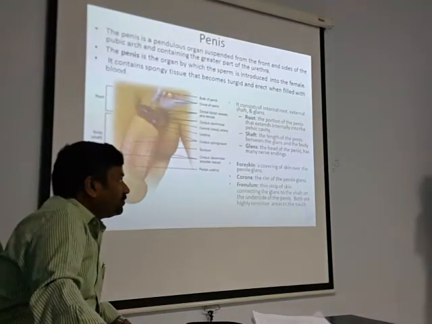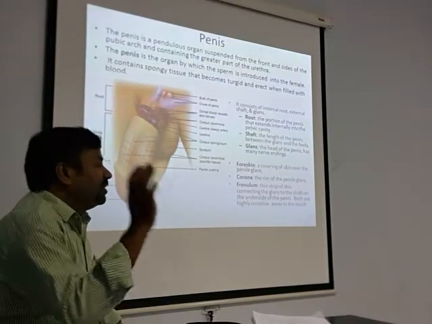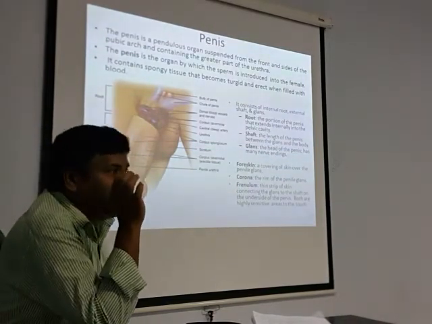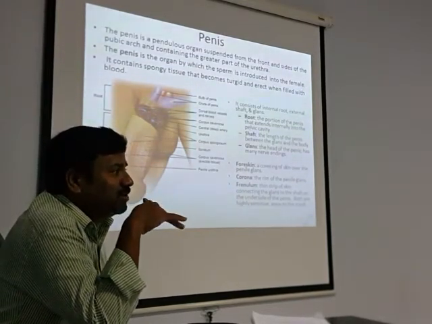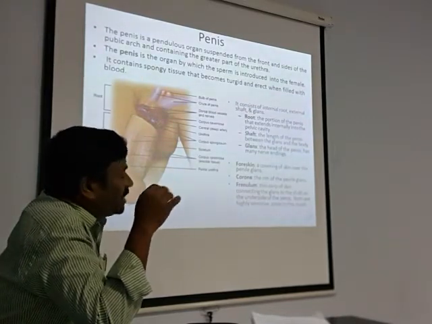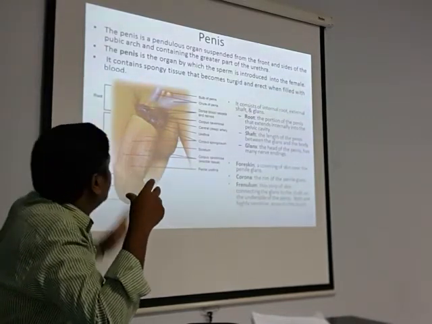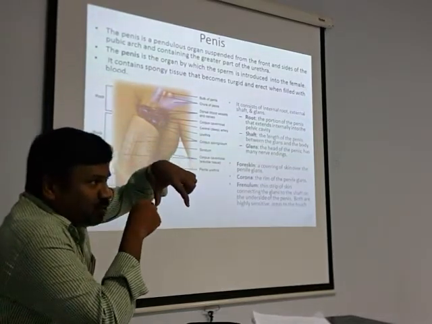Number one, the penis. The penis is a male copulatory organ which is pendulous in nature in the normal state. It is a pendulous organ suspended from the front and sides of the pubic arch. Just recollect the pubic arch, formed by the two pubic bones.